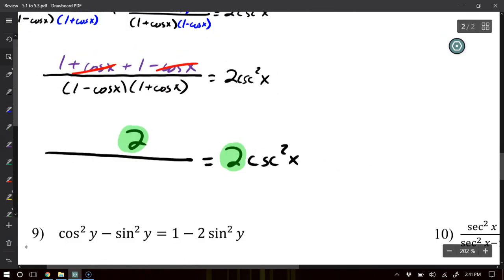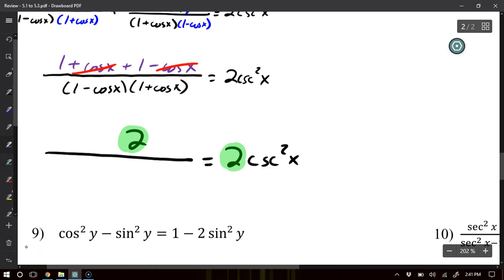I need? I have the 2, well, I want cosecant squared. Well, cosecant squared means you have a sine squared on the bottom of a fraction. But I don't have a sine squared on the bottom of the fraction. I have cosine, which means somehow I have to create this. So what I'm going to do is I am going to distribute the denominator.